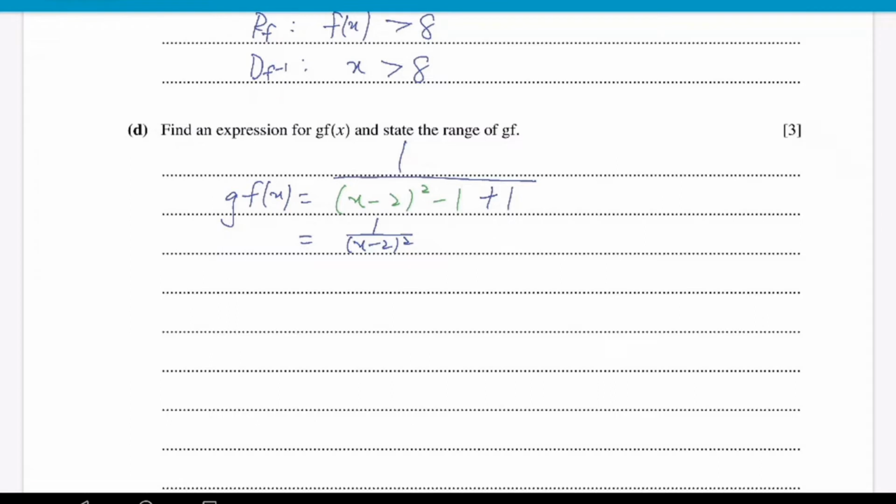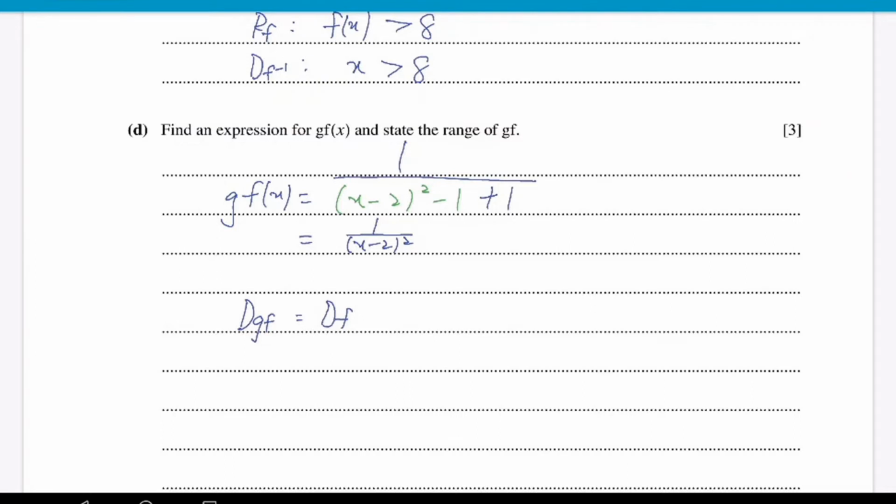This is another thing that we students usually get wrong, so we just need to remember the function gf. What is the domain of the function gf? The domain of the function gf is the same as the domain of f. Why is that the case?